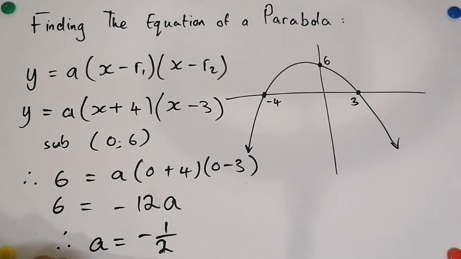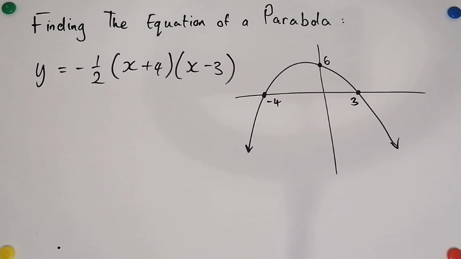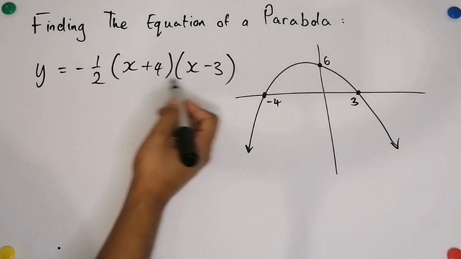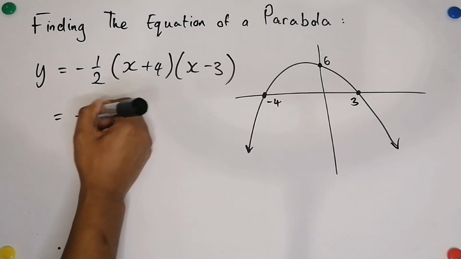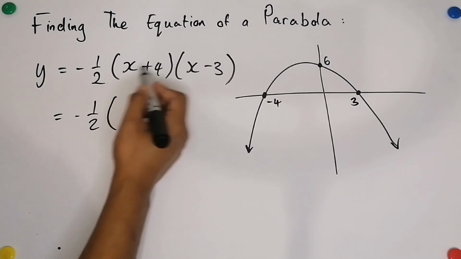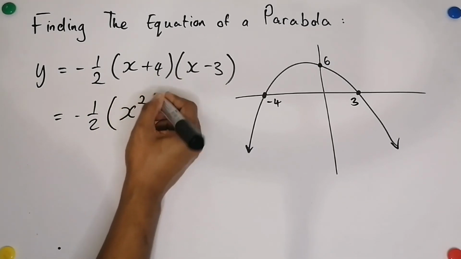Cool. Now we're going to substitute this back into our equation, and then we're going to multiply everything out just to simplify it a bit. Okay, so let's first multiply out the brackets. X times x is x squared.